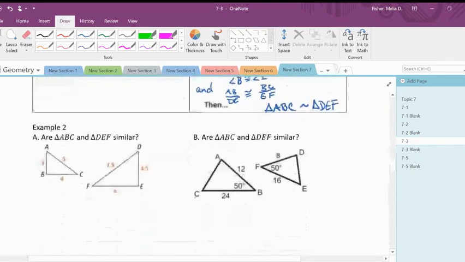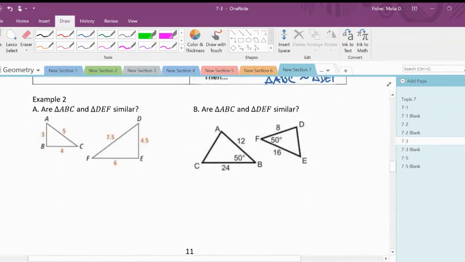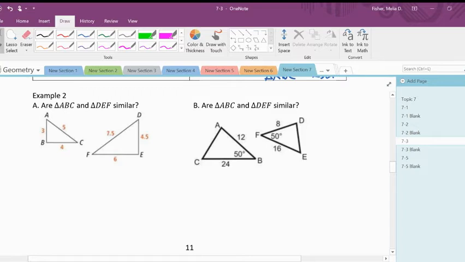Let's go ahead and look at example 2, where we can use some of these things. In example 2, I'm given 3 sides of each triangle, so I need to check to see, are these proportional? The smallest side, AB, would need to go to the smallest side, which is the 4.5.